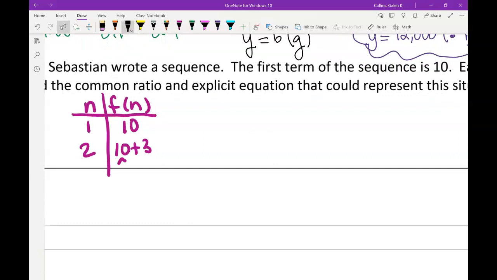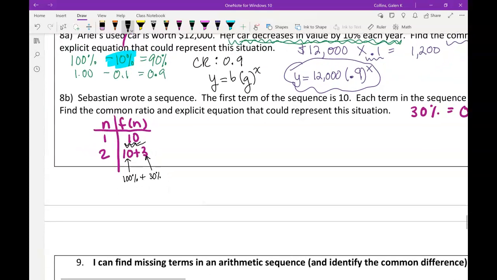That 10 is 100% of this first 10 that I started with, and then I'm adding to that 30% of this 10 that I started with. So that kind of gives us a clue about how to find our common ratio.